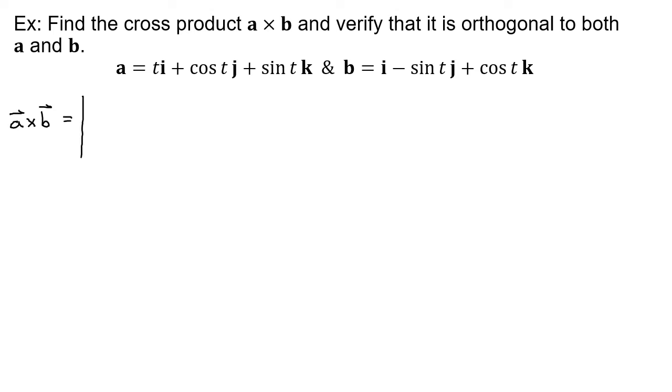well then I would do, just like I did in the last one, I'd have an i, a j, and a k. And then my first vector is t, cosine t, sine t. And then I have 1 in front of the i, I have a negative sine, and I have a cosine.